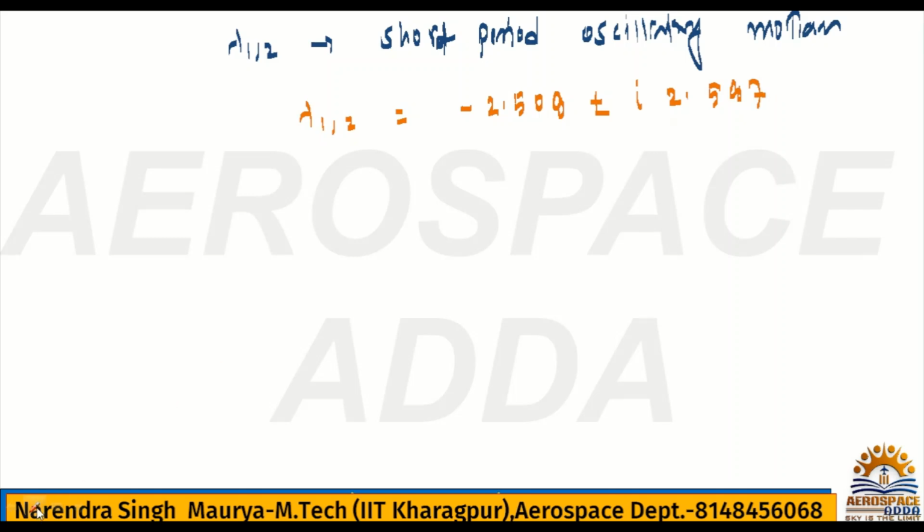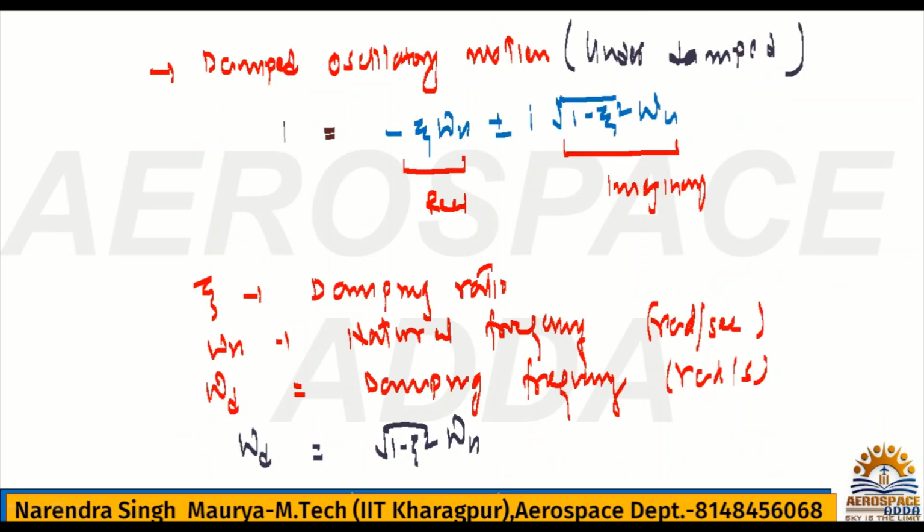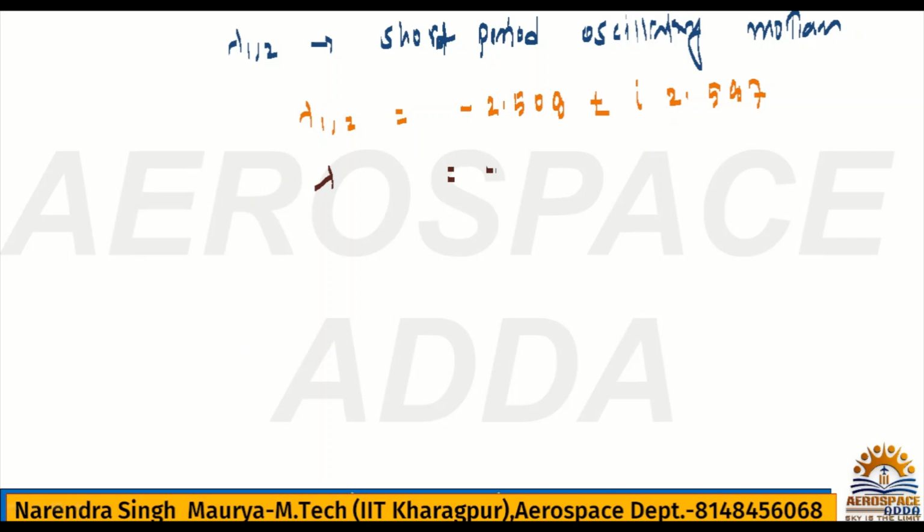With our standard equation we have to compare these roots. This is the Routh's value, lambda. Lambda is nothing but minus chi omega n plus minus root of 1 minus chi square, imaginary part, times omega n. So we have to compare with this.